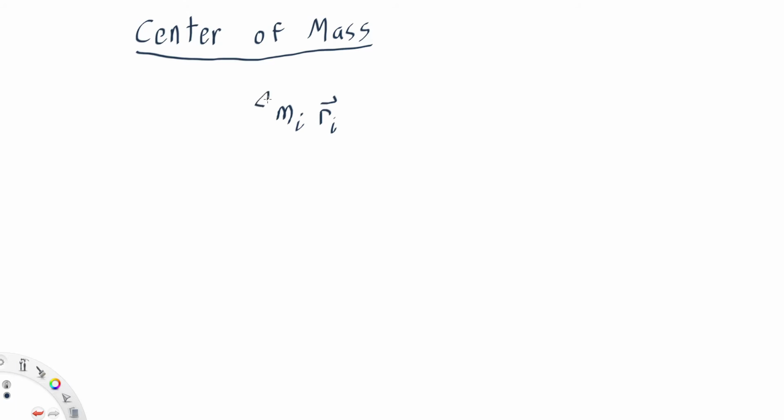If we add up all of these and we divide by the total amount of mass in the object, then we will have given ourselves an average position of the mass.